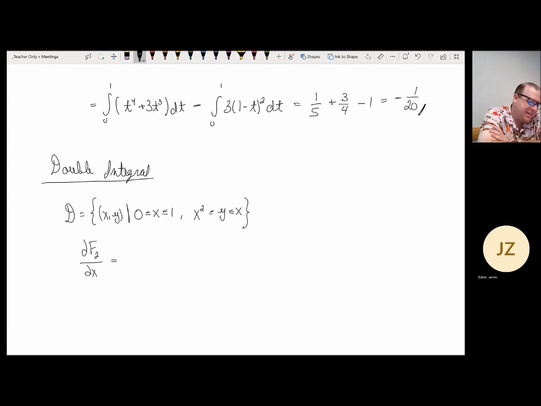Partial f2 with respect to x: 2x. F2 is x squared. Partial f1 with respect to y: 1 plus 2y.